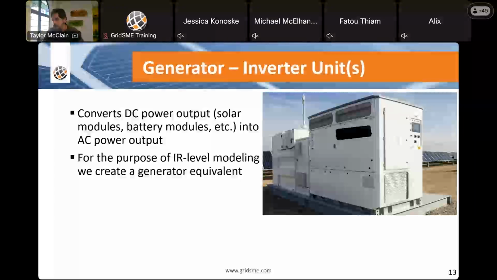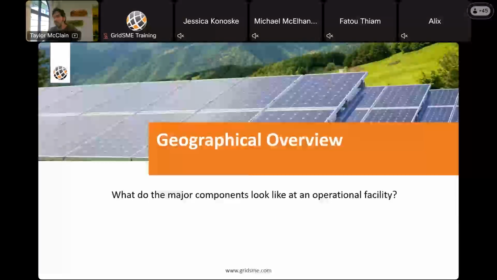So I'll just put a small plug in for that: it can be a critical component of an IBR, but that really depends on the design that you're looking at, which is why it was not explicitly covered today. So now we've gone through, from a single line diagram perspective, each of the major components, what they look like, and what function they play.